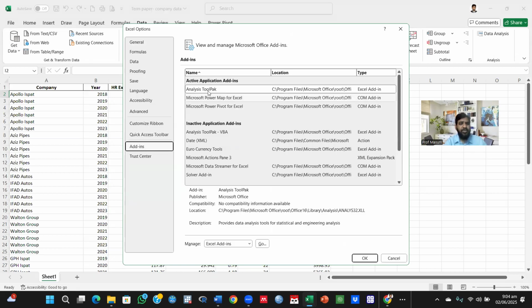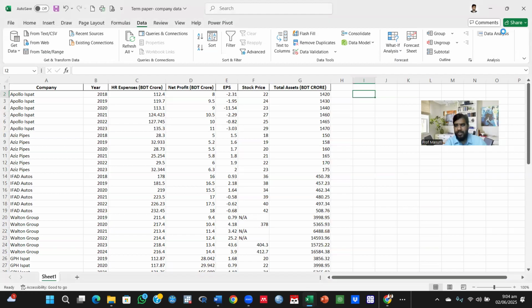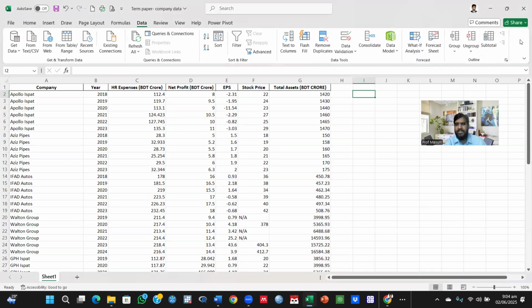Then you will go to the analysis toolpack. In your case, it will not be checked. You will check it. For example, if you uncheck it, it will disappear from here. Is there any data analysis here?